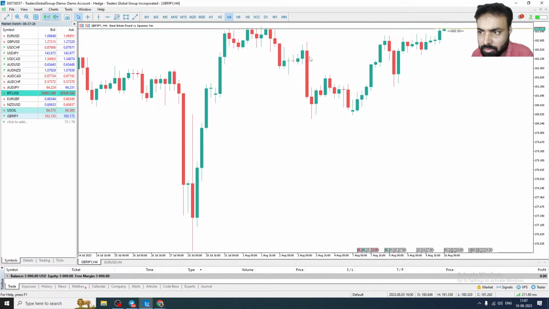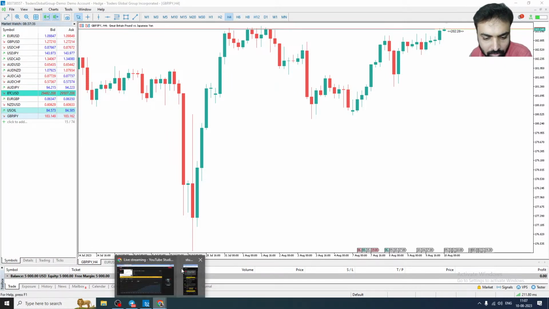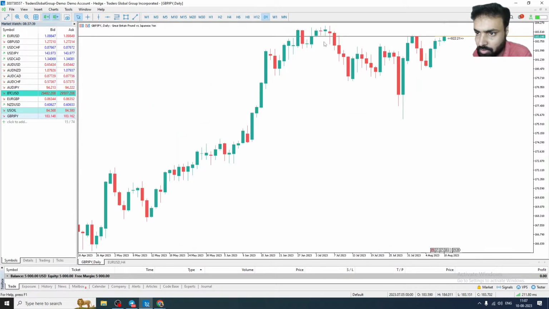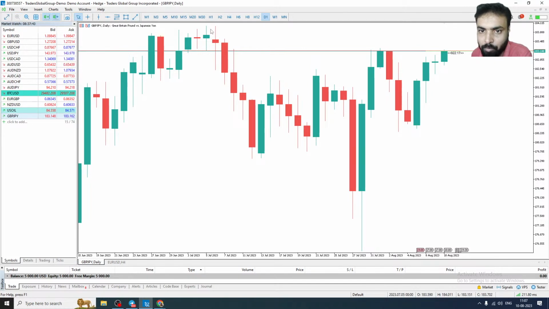Maybe let's take a daily chart first. Do we have anything here? We don't have anything here. But what we are witnessing is that GBP/JPY is trying to go above these highs.